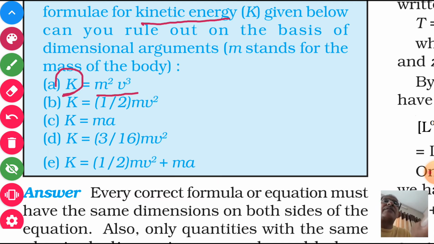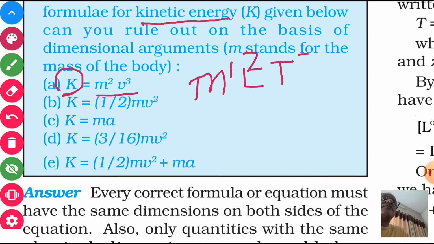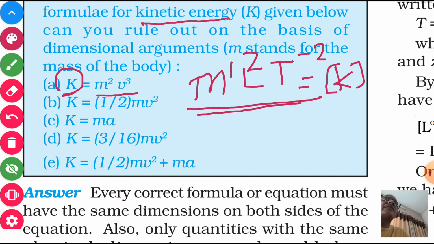Any kind of energy has dimensions M¹L²T⁻². So the dimensional formula of kinetic energy is M¹L²T⁻².